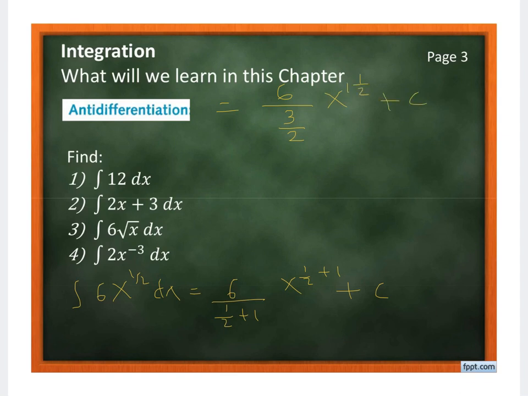Plus c. 6 divided by 3 over 2 is 4, so 4 times x times x to the 1/2 plus c equals 4x square root of x plus c.